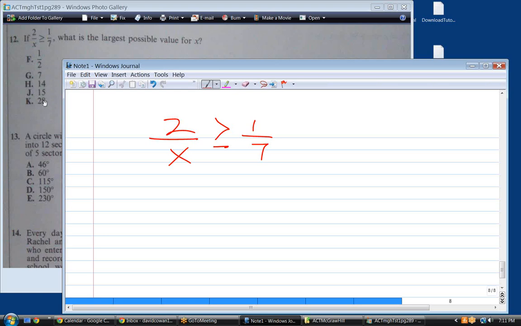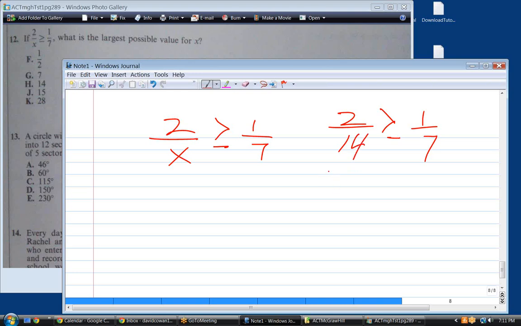If we start at the largest possible value of the answers and work our way down, we'll be certain that when we find one that works, we'll have our answer. Does 28 work? Is this a true statement? No. Does 15 work? No. Does 14 work? Yes. Bingo. We're done that quickly.